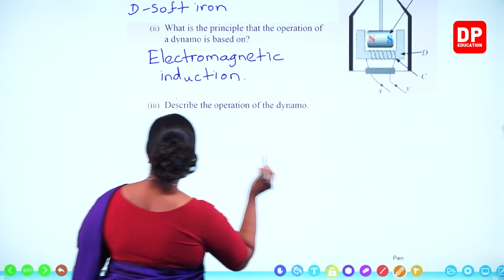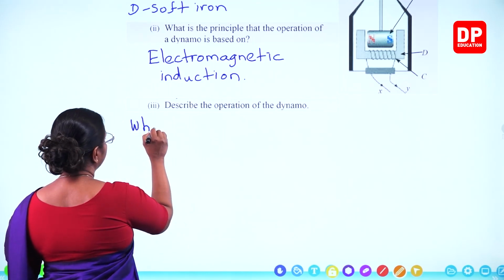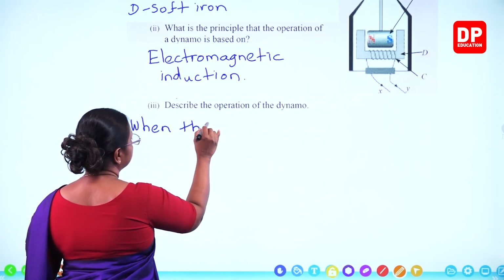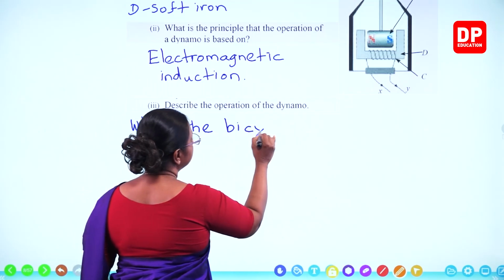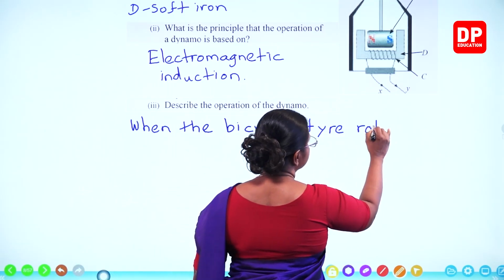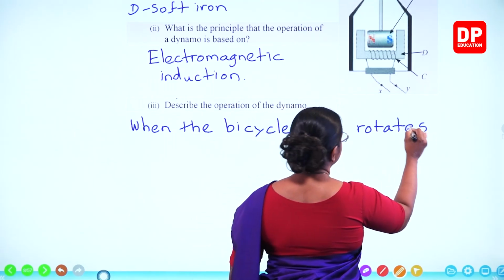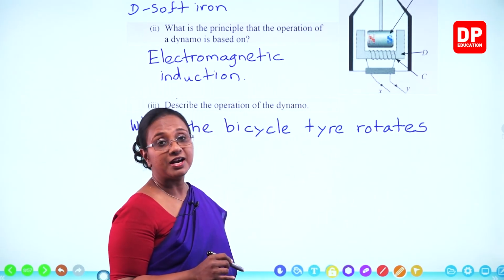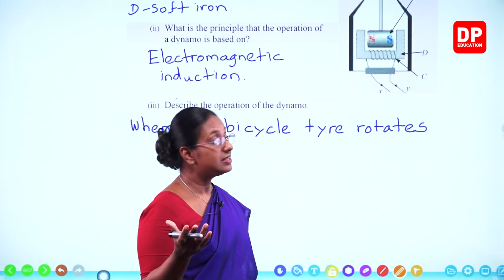So here, when the bicycle tire rotates, students, I have told you all, tire, T-Y-R-E, T-I-R-E, it's the same.